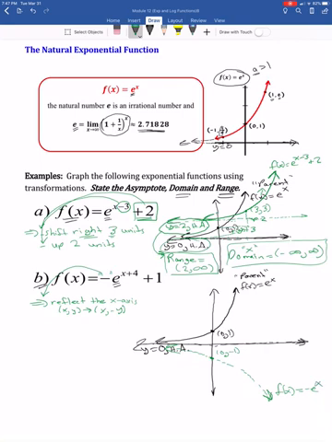Now we have a couple other changes. We've got a +4. So again, this is the same thing as saying x minus -4. That means we've got a horizontal shift to the left 4 units. We're going to subtract a 4 from every x-coordinate. So (0, -1), let's go ahead and track that. If we go left 4 units, we're going to be over here at the ordered pair (-4, -1).